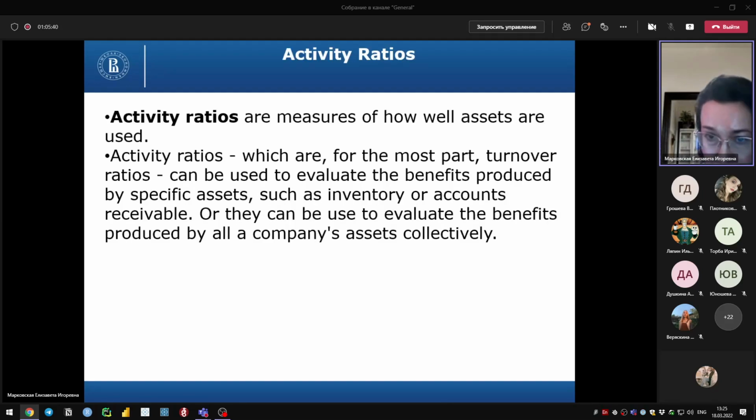We use activity ratios in order to characterize our efficiency and to understand how well assets are used. Sometimes we call them turnover ratios.